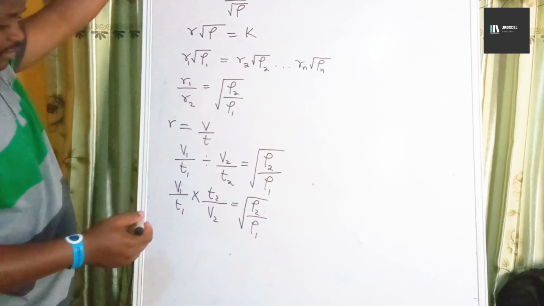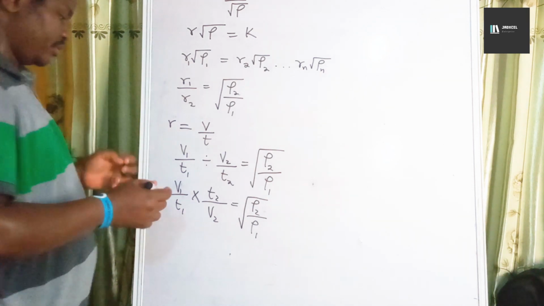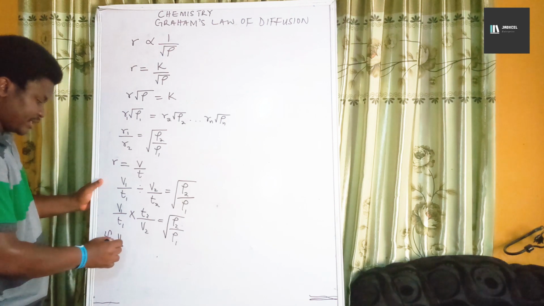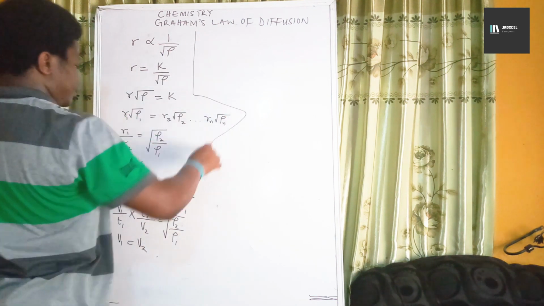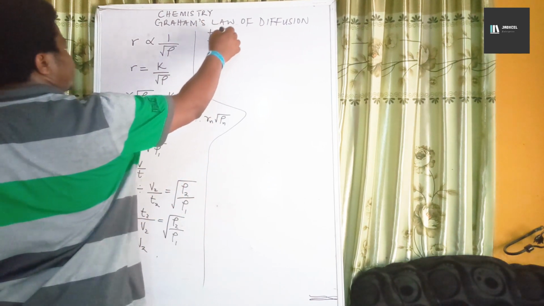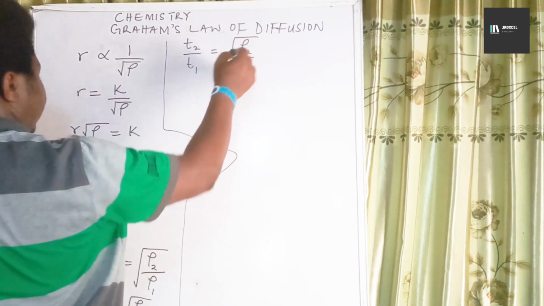Then we have a condition that the gas will have the same volume. So if the volume of the first gas is equal to the volume of the second gas, then T2 over T1 equals square root of density 2 over density 1.